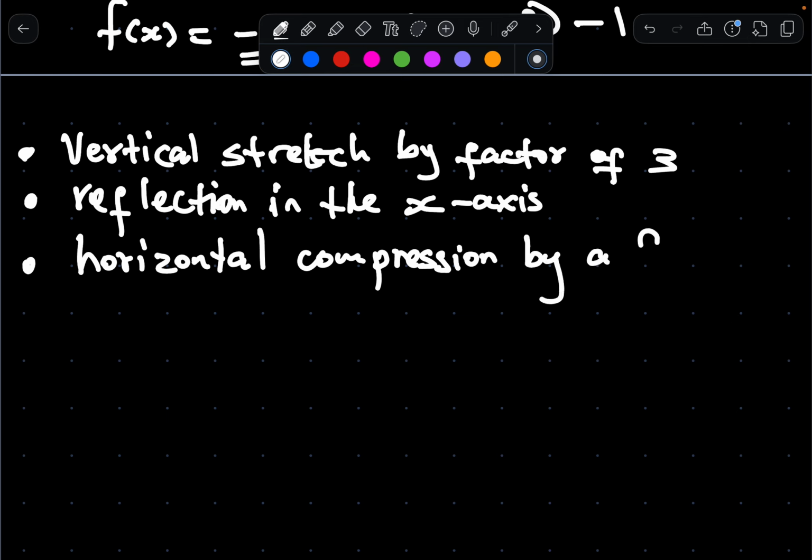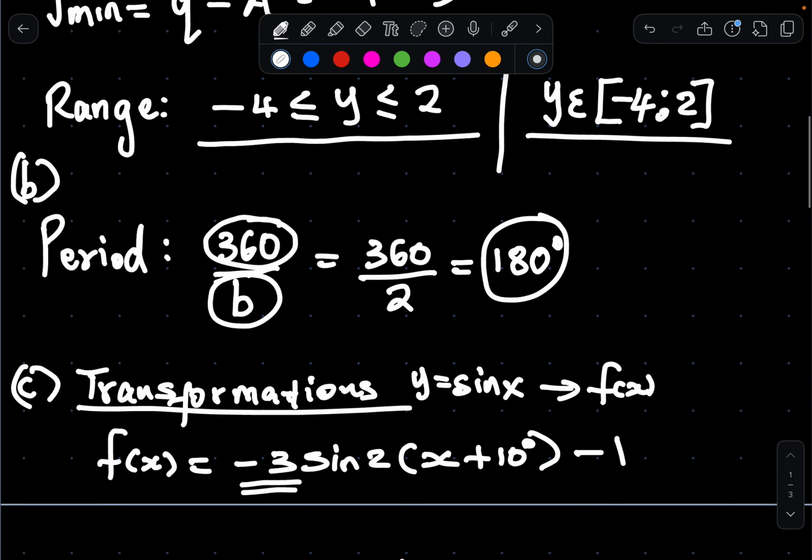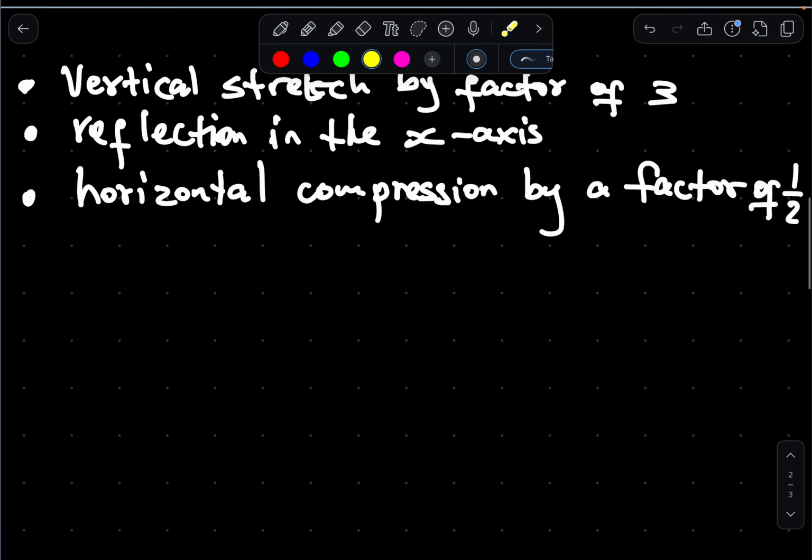By a factor of, if B is 2, you always reciprocate it. When you mention B in terms of transformation, you always reciprocate. So it's a factor of half, because remember, B is a divisor. The reason we reciprocate is because it's dividing here, it's a denominator.